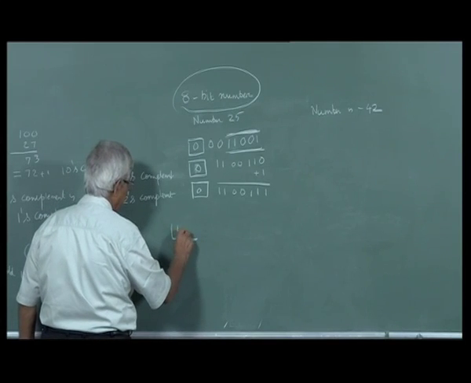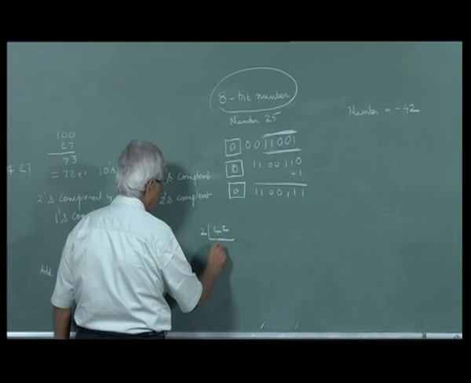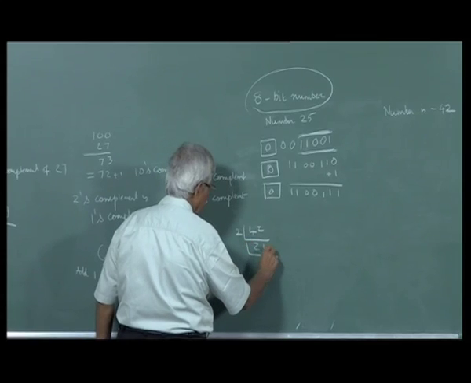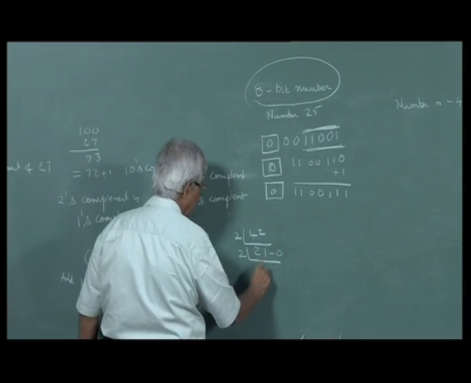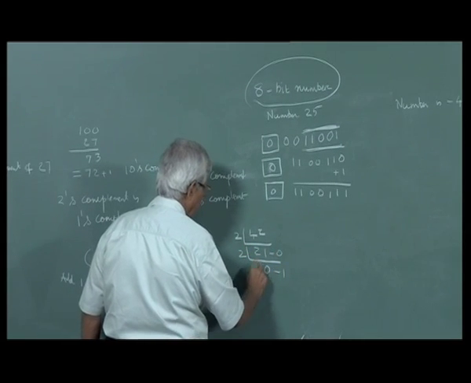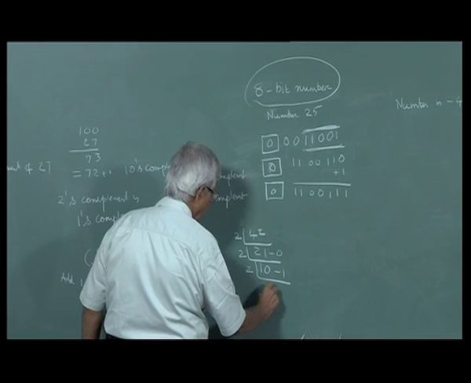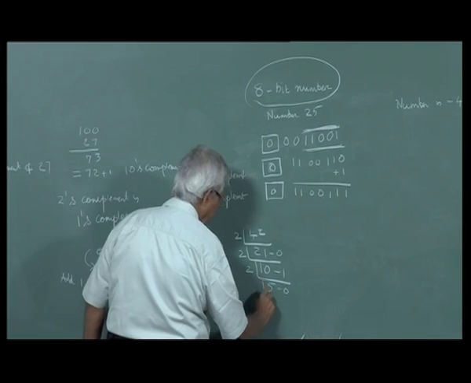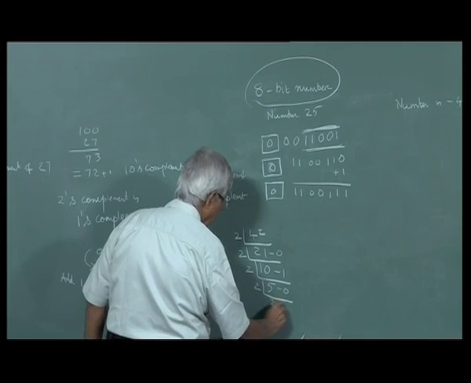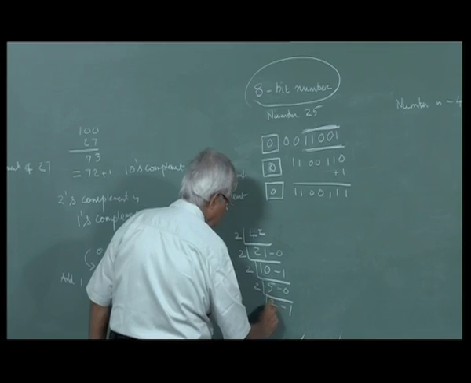Divide 42 by 2 to get 21, and keep dividing by 2.